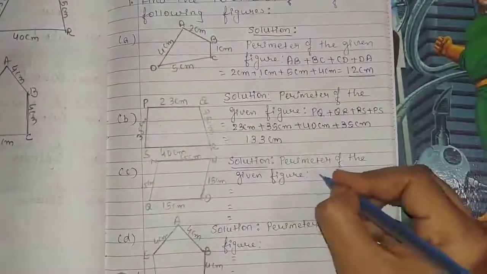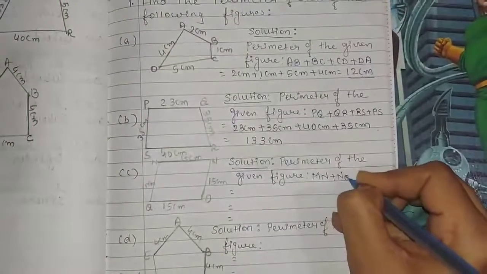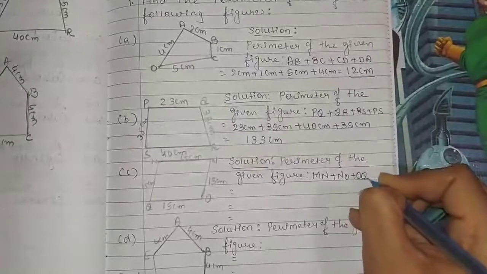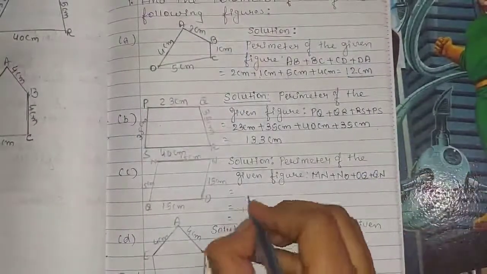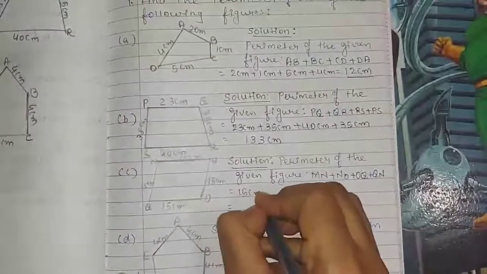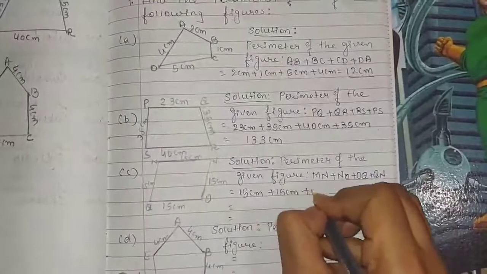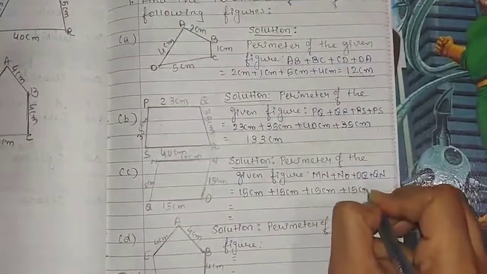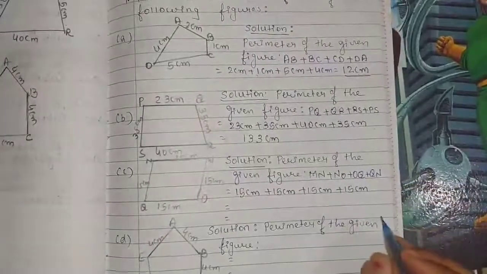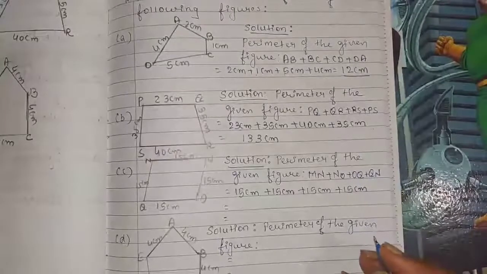So solution. Perimeter of the given figure equals MN plus NO plus OQ plus QM. Now students, we will add 15 centimeter plus 15 centimeter plus 15 centimeter plus 15 centimeter, as all four sides are equal and 15 is 4 times.